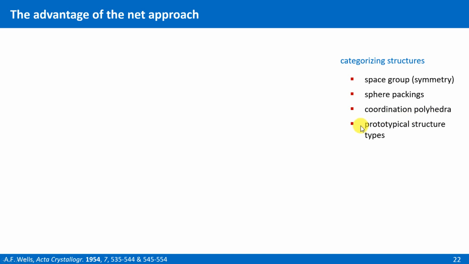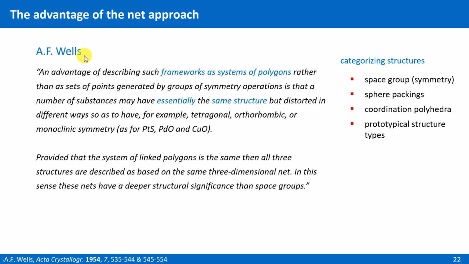But we just saw examples in which none of these concepts were really convincing. And here the network approach might be useful. Wells described the advantage of the network approach as follows.